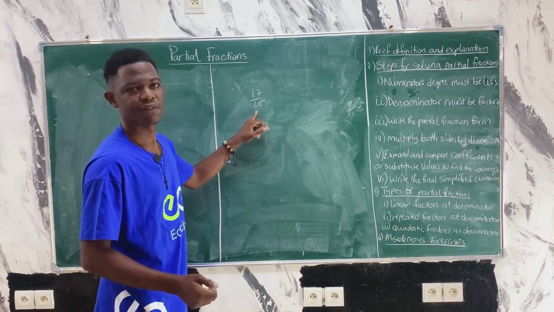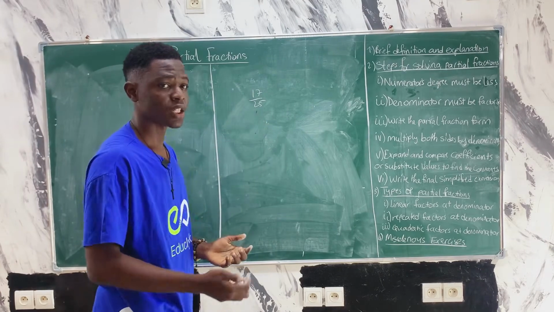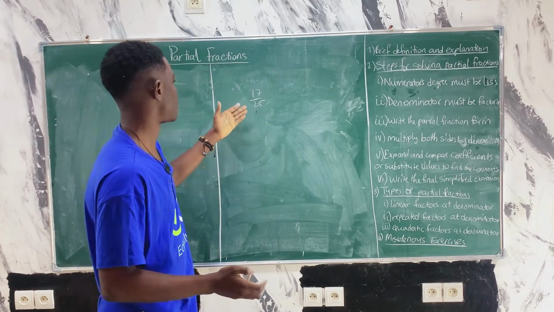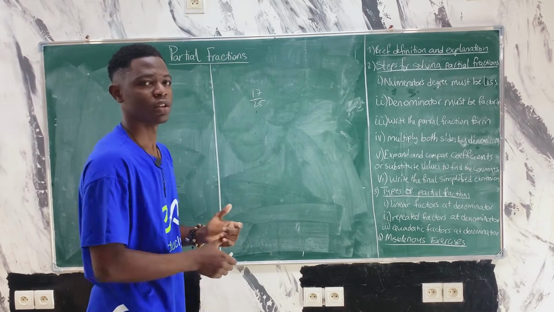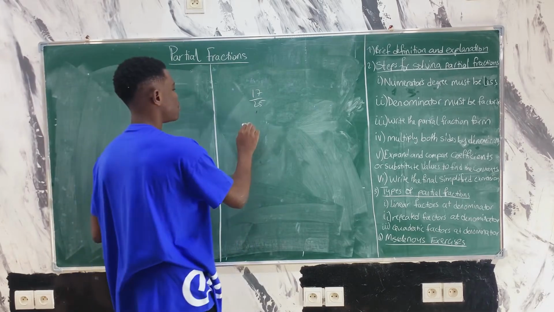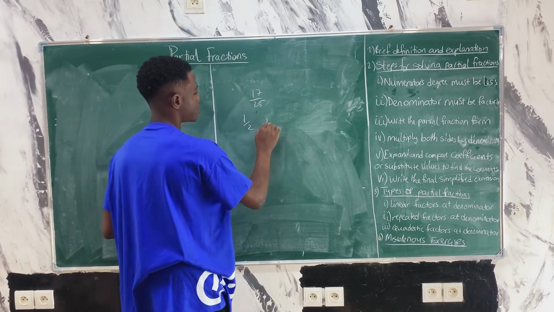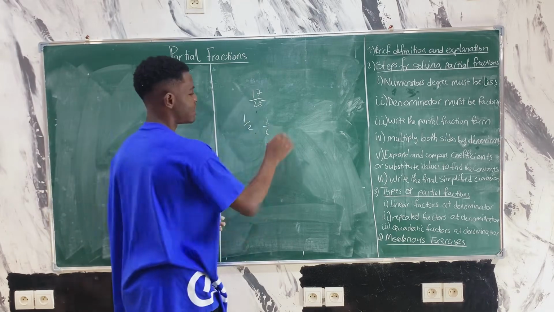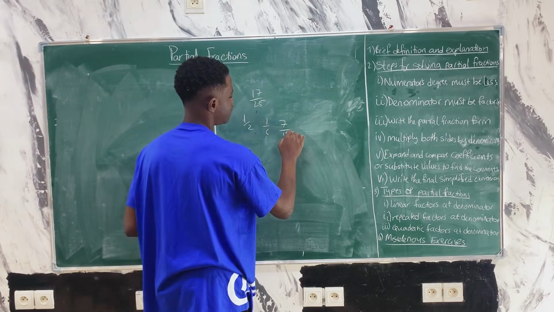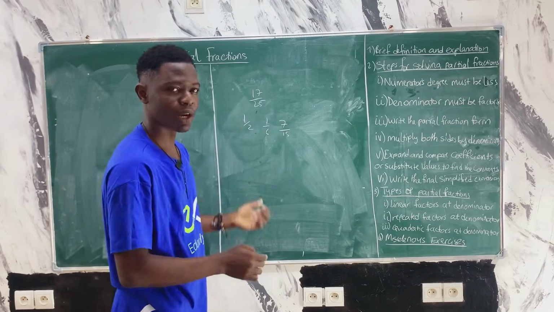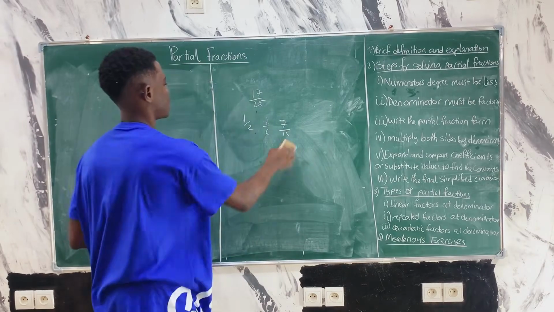You very rarely have this kind of values which are correct. I didn't say it's impossible, but it's really very rare. So if you have this type of value, you have to check back your work. At the extremes, you can have maybe a half or 1 on 6. When I start having 7 on 15 like that, start checking back your work to see if you have made an error somewhere.